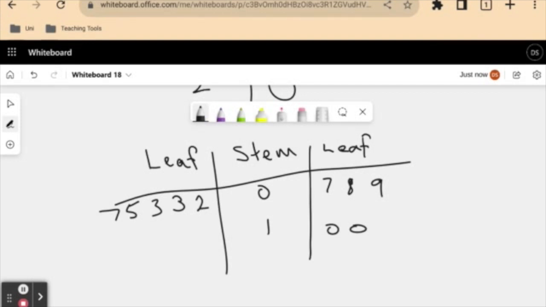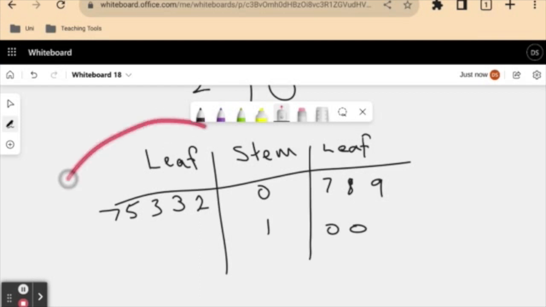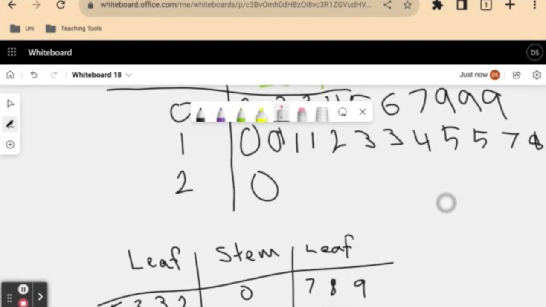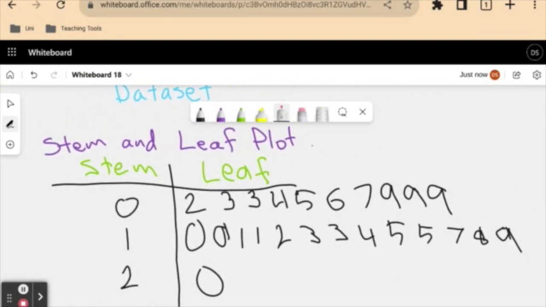So our one here, well, we can compare this class, whose marks were 7, 8, 9, and 2 tens, with this class, whose marks were 2, 3, 3, 5, and 7. So stem and leaf plots are good in that regard because we can compare different data sets, or we can even just represent one data set in a bit more of a clean way.